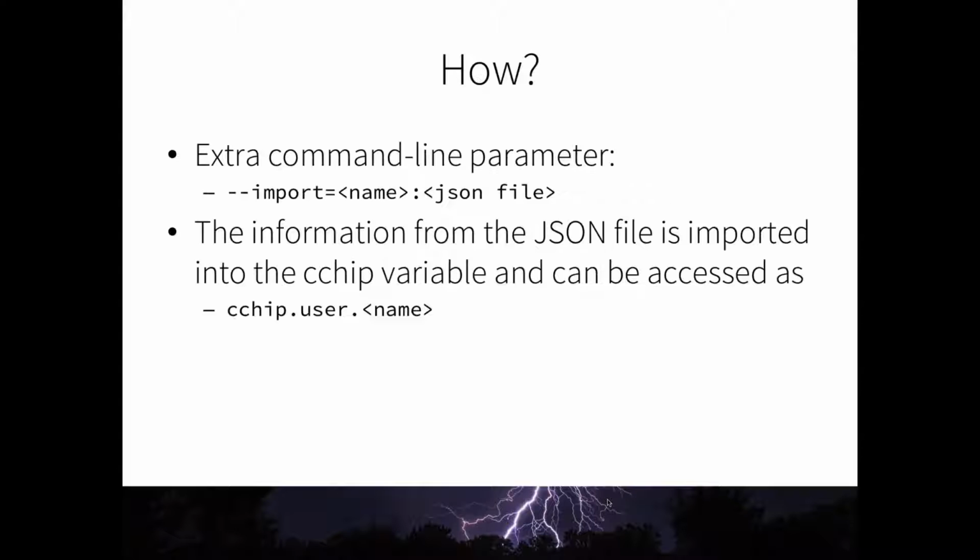And the way you can do that in pdfChip 1.1 is with an additional command line parameter called --import. And that uses a double piece of information at the back. So it's import equals, then you have a name, a colon, and then you have a path and a name to a JSON file. If you don't know what a JSON file is, it's an easy way to serialize objects.